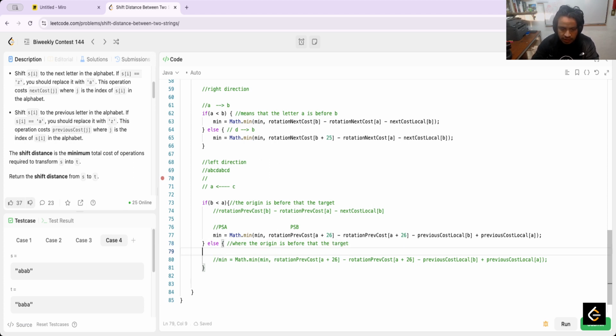Yeah, in this case, for example, where I want to move D to B, no, B to D, the only difference is that the rotate prep is less this.